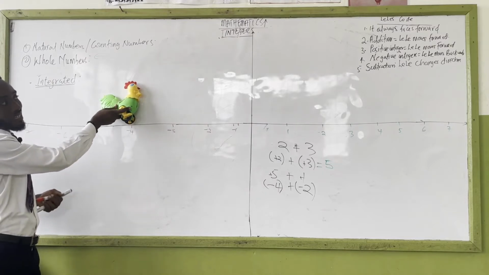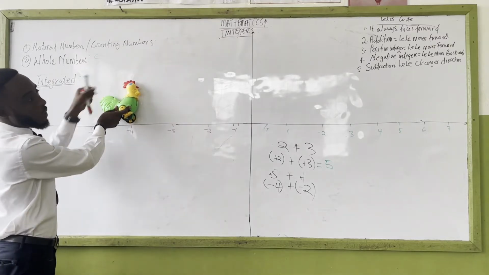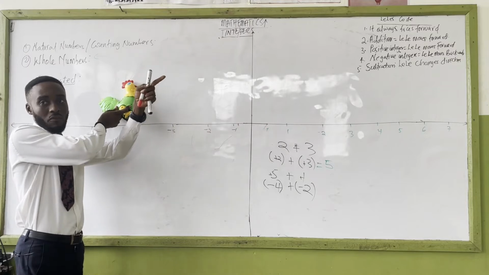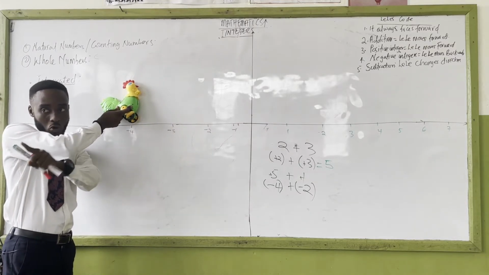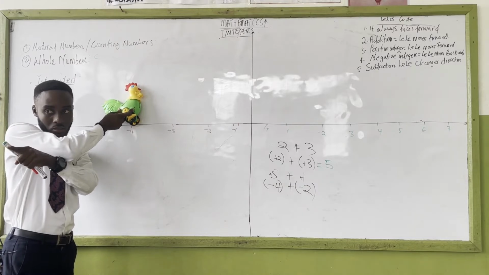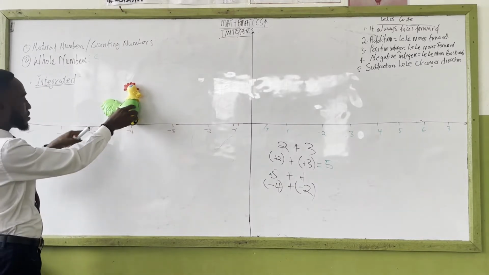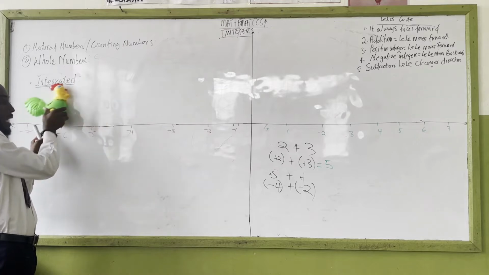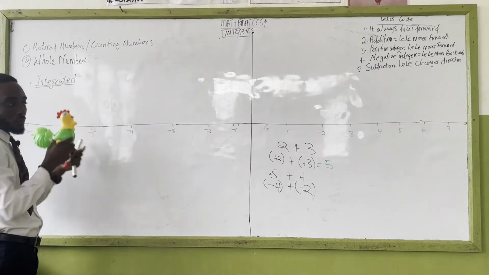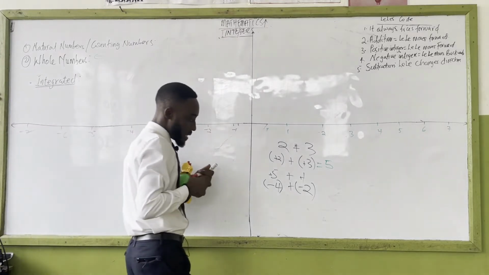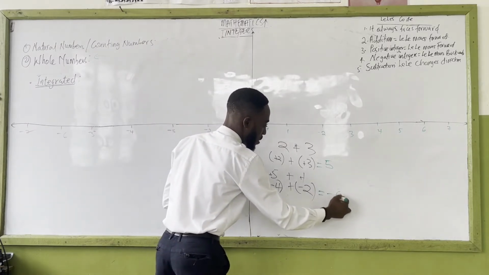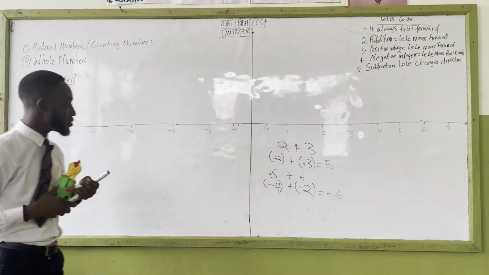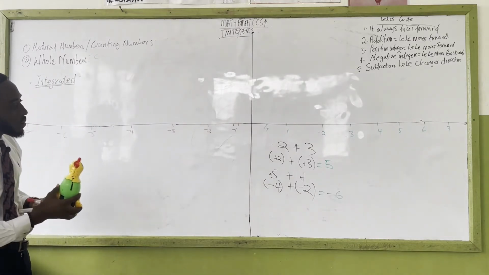If it's adding a negative integer, what's the movement of Lele? Backwards. Pay attention. Backwards, how many times? Twice. So it goes 1, 2, backwards. So it lands on what? Negative 6. Good.